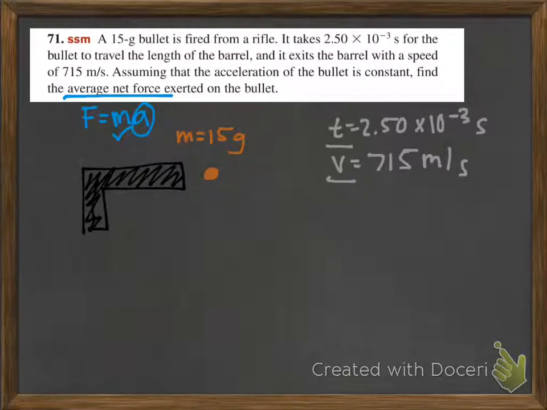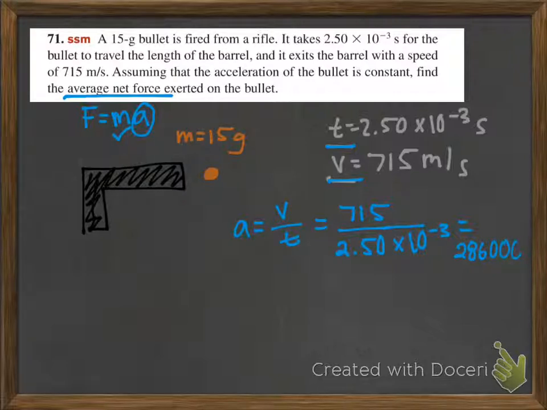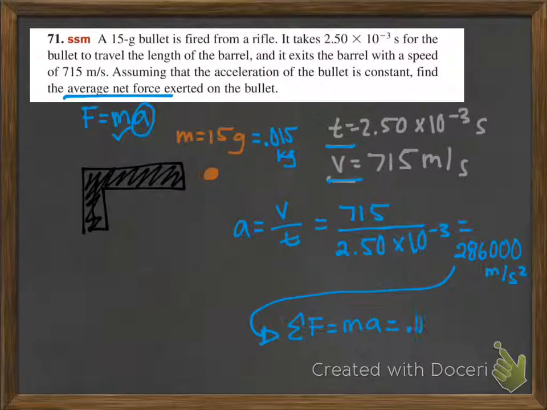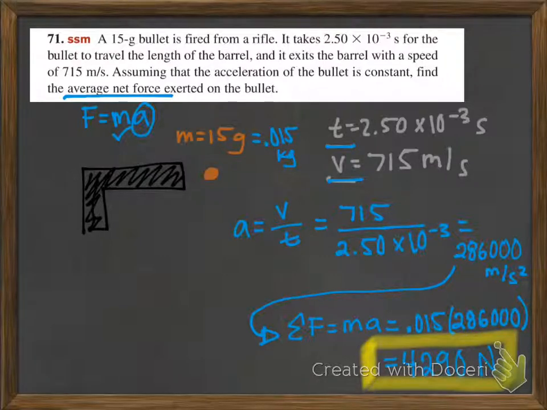So we just do the velocity over the time, and that gives you an acceleration of 286,000 meters per second squared. Multiply that by 0.015 kilograms, and that will then give you the net force, which is around 4,290 newtons.